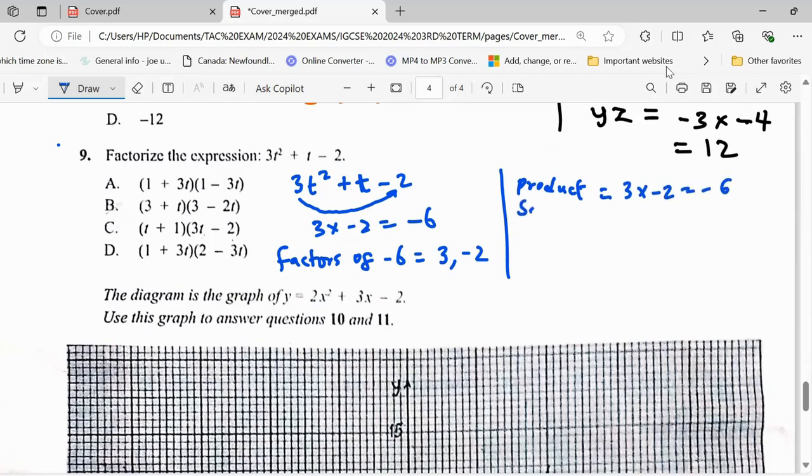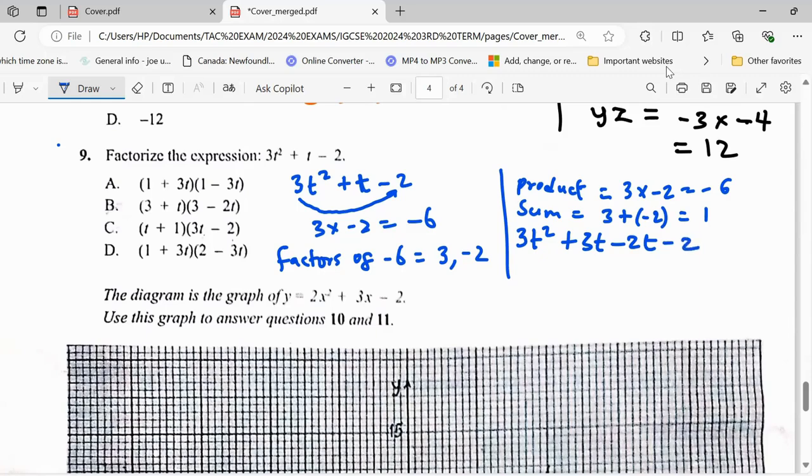I must have their sum give me 1. 3 plus minus 2 is 1, which is the coefficient of t here. So I will now have 3t squared, and instead of 1t, I'm going to have plus 3t minus 2t, which is the same as t.